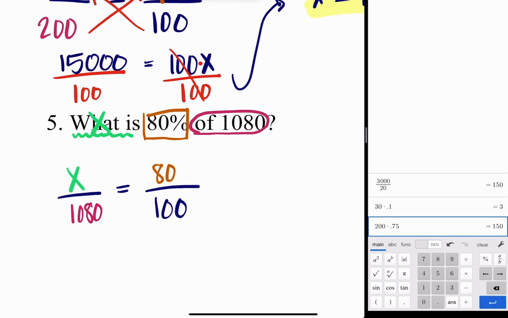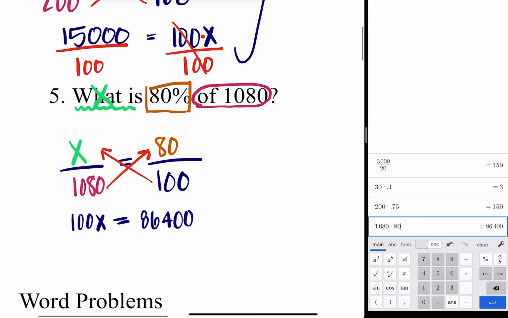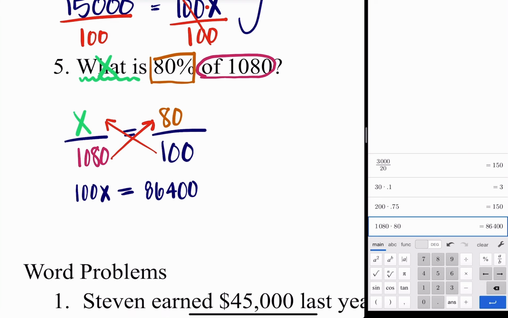So I cross multiply, and I get 100x equals $86,400. Just because it's a big number, don't let it spook you.